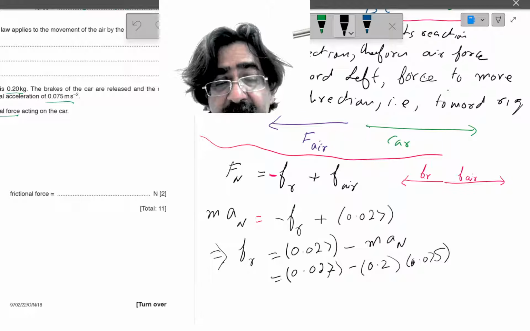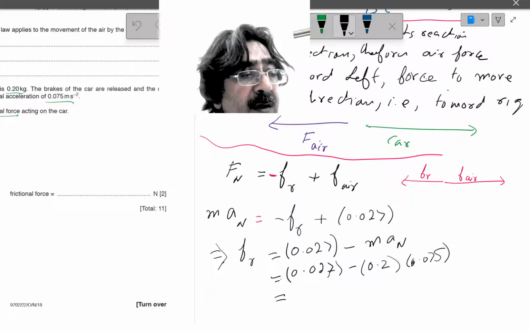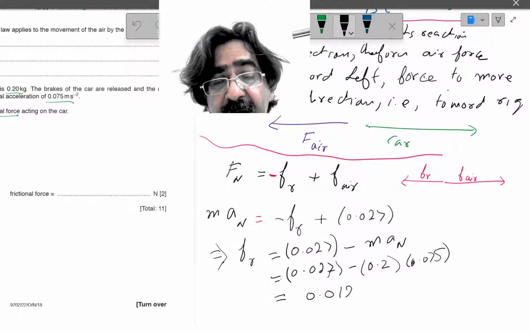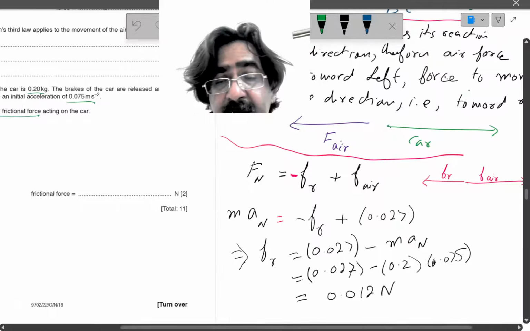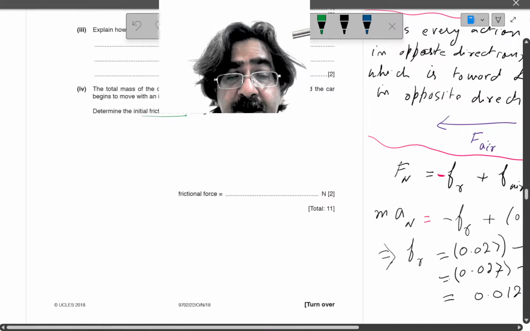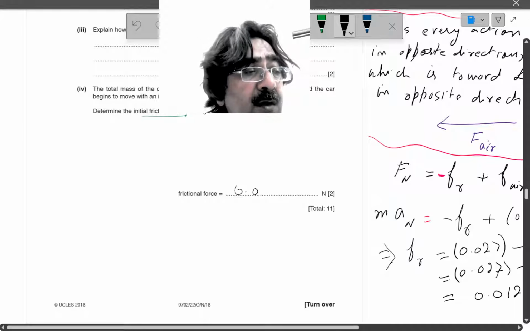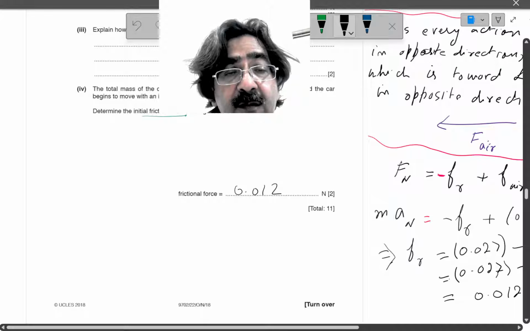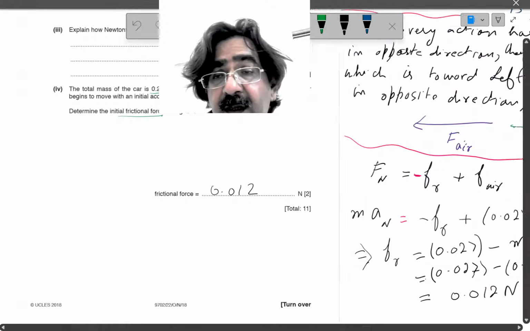By calculating this, it will become 0.012 Newton. Okay, this will be the answer. So the friction force will be 0.012 Newton.